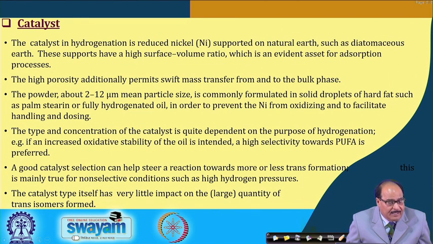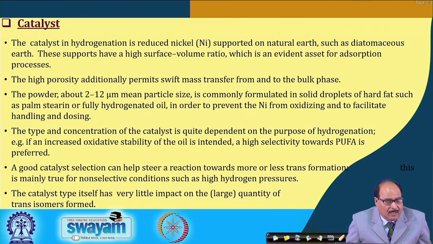The catalyst, I already told you, in the hydrogenation is the reduced nickel. Okay, and this nickel is supported on natural earth, and the high porosity permits the swift mass transfer to and from the bulk phase.